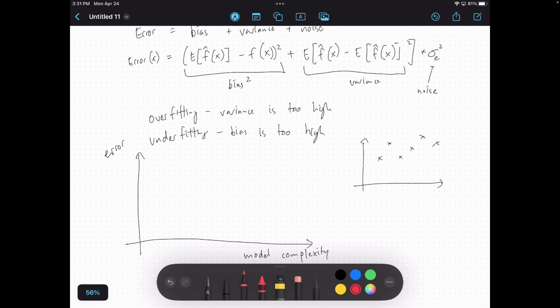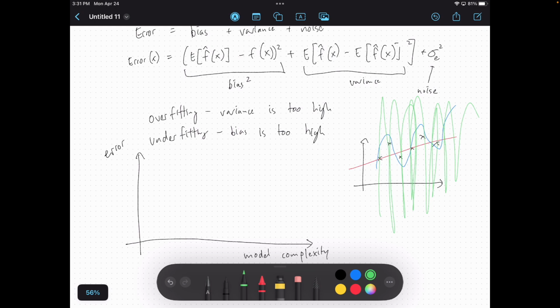I could do not complex, somewhat complex, and then super complex model, right? So the idea is as I go from red to blue to green, essentially my model complexity is increasing. And so what does that look like in terms of the error?